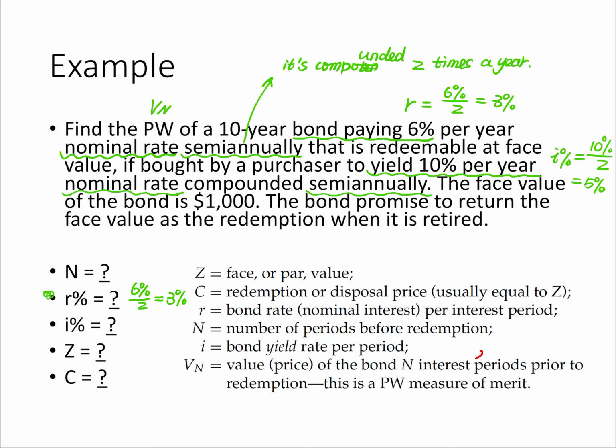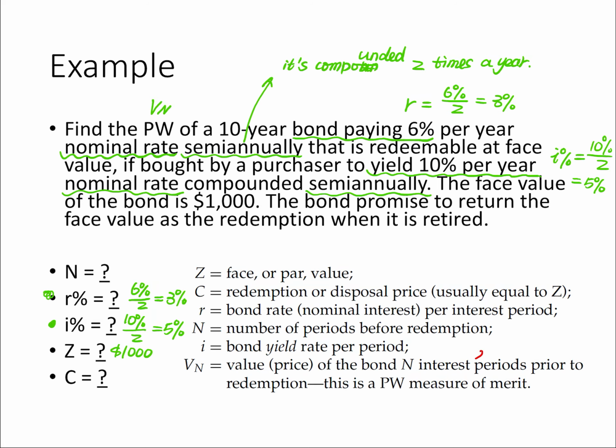You never use the nominal rate directly in the calculation. You always need to convert that into the interest rate per period. And in this case, one period is 1/2 year. So your yield rate per period is 10% over 2, which is 5%.